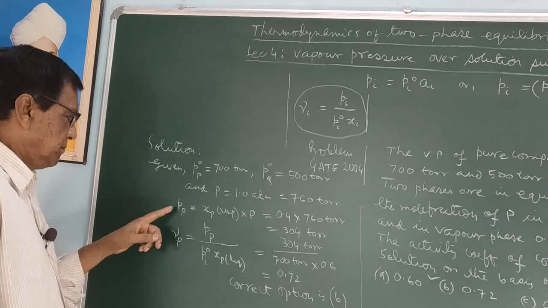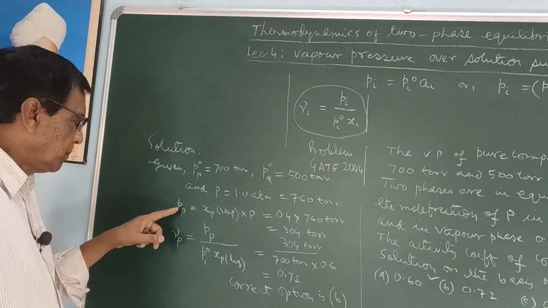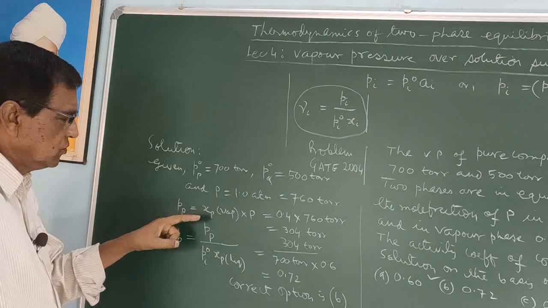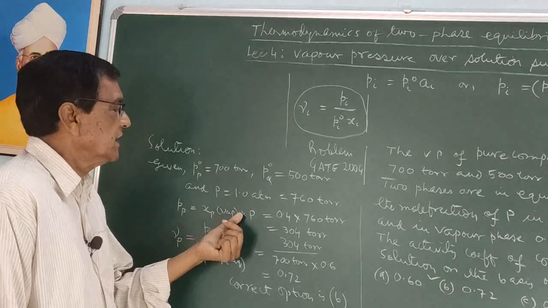The vapor pressure of P over the solution is equal to the mole fraction of P in the vapor phase times the total pressure.